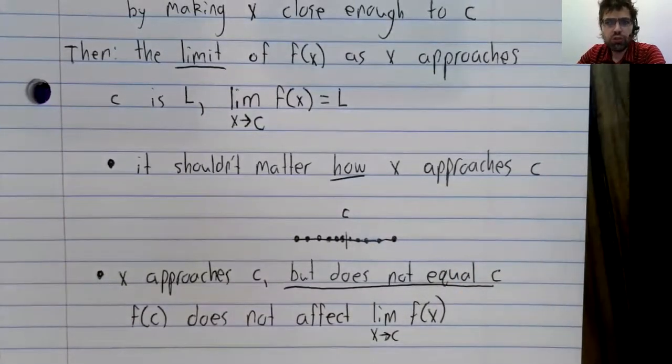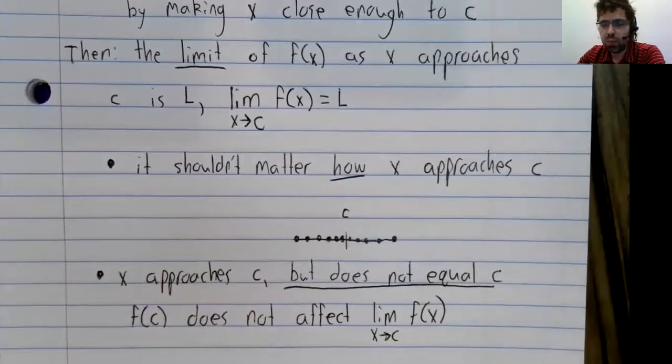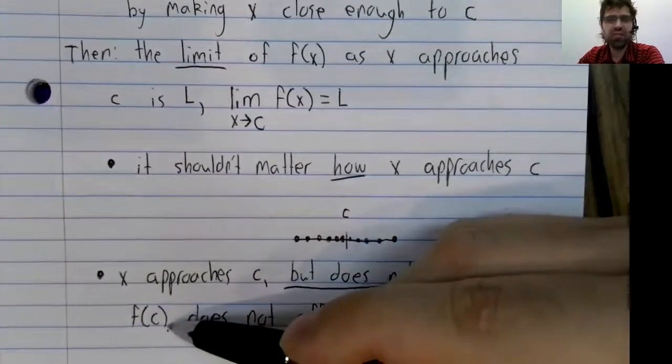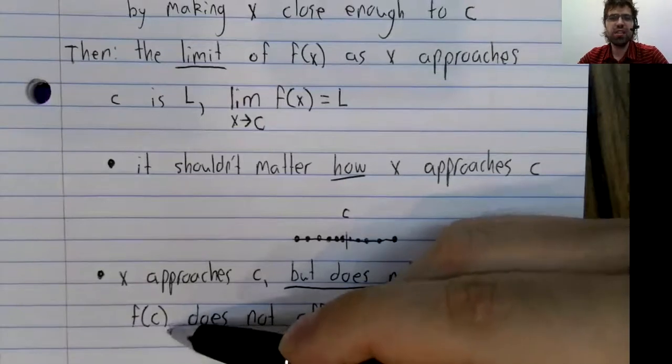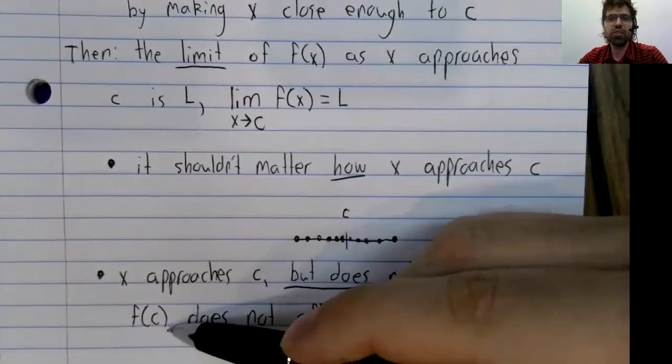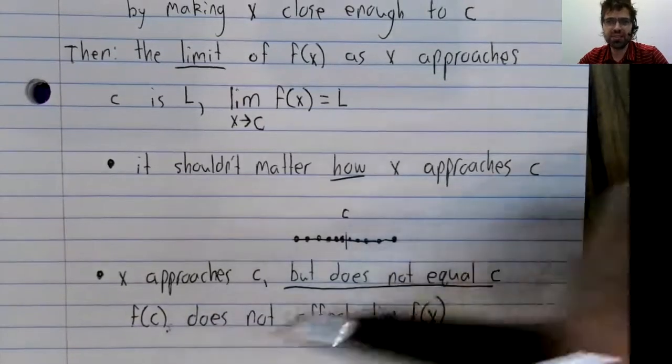In most interesting examples, f of c isn't even going to exist.